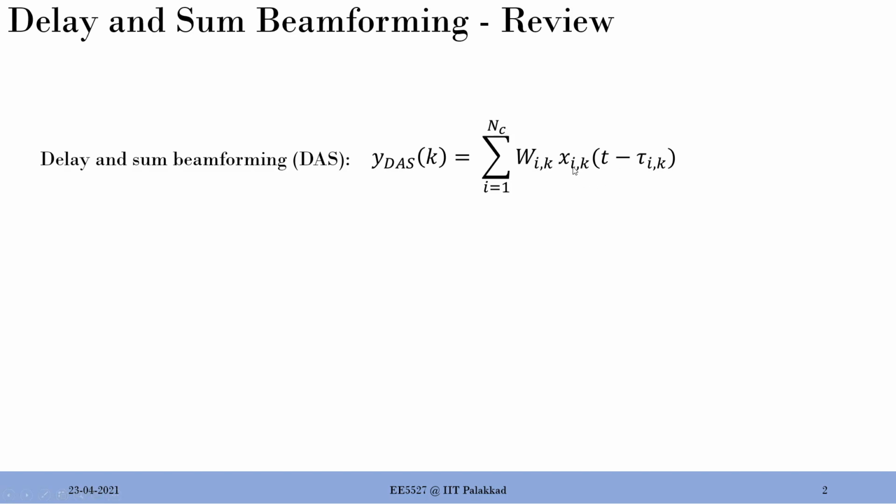And then x_ik of t minus tau_ik. So tau_ik is nothing but the transmit plus the receive delay from the pixel k to the transducer i. And then x_ik of t minus tau_ik is basically the expected signal which is supposed to be received by the transducer i from the pixel k. Okay, so that's the meaning of it.